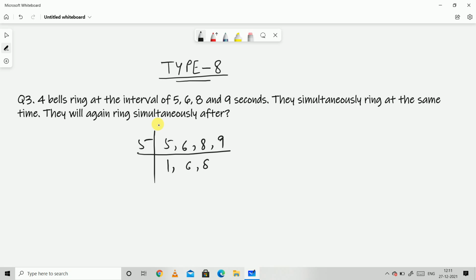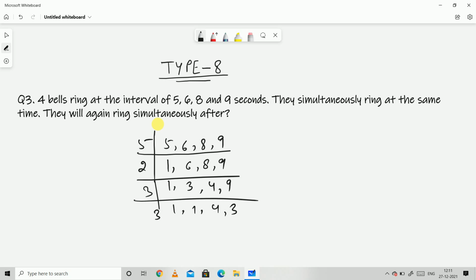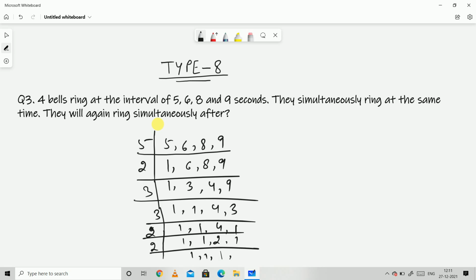So let's take the 5, then 2 times it will go, 2 3s are 6, 2 4s are 8 and 9 here. Then we have 3, 1s are 3, 3 3s are 9, and then again 3 you will have. And 2 we will have here, and for the last 2 I have a 2 here.